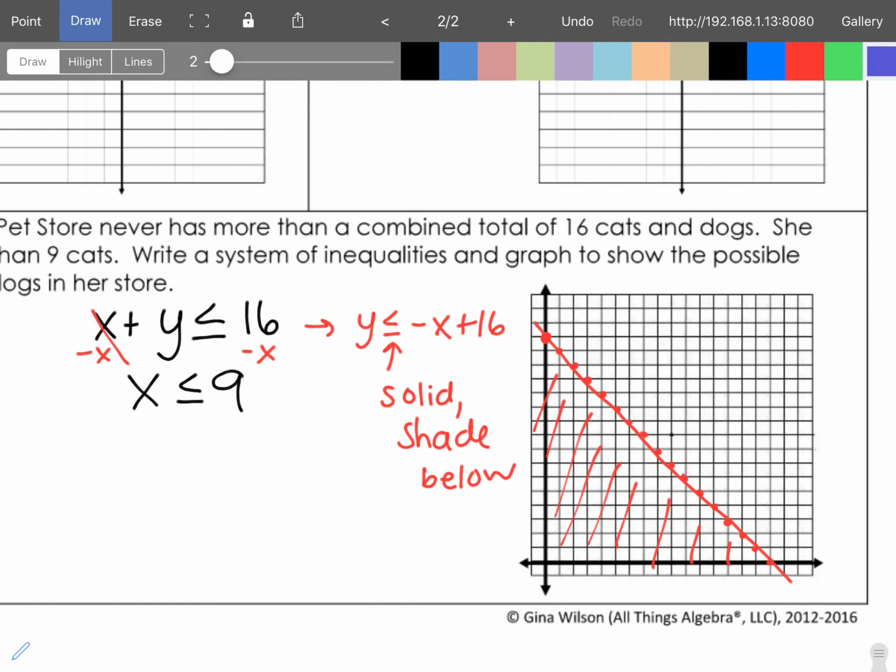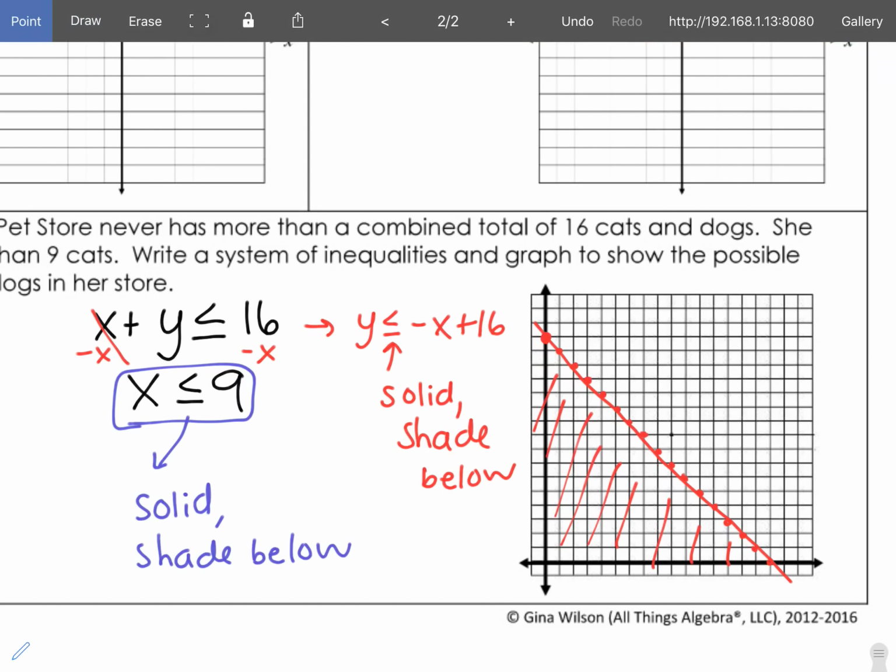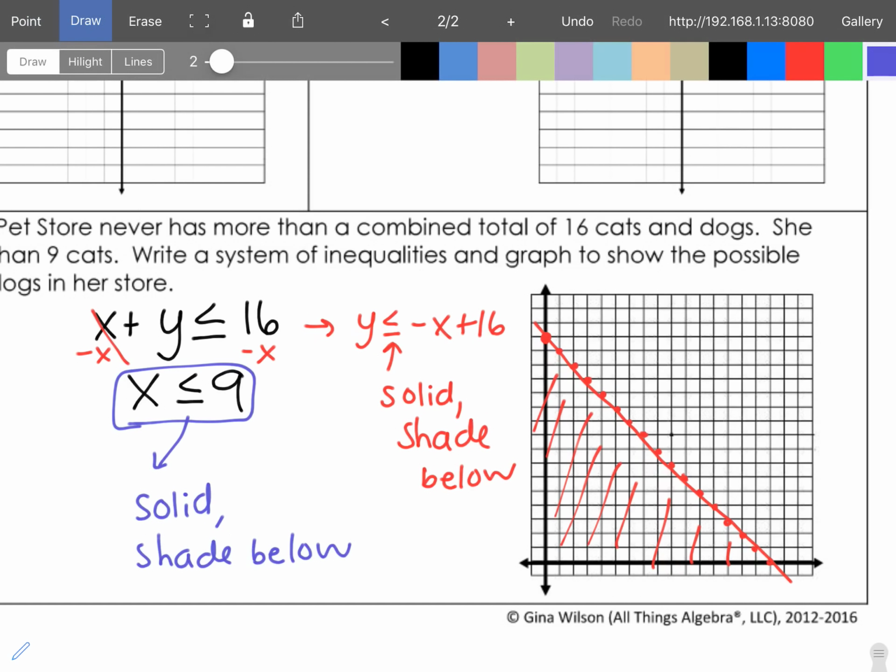Okay, and then x is less than or equal to 9. That sign means solid and shade below. Remember, we graph x equals 9 in the same way we graph x is less than or equal to 9, except we need to shade. So we're going to go on the x-axis and count over 9. 5, 6, 7, 8, 9. We're going to make a point right there. And then we're going to draw a solid line.